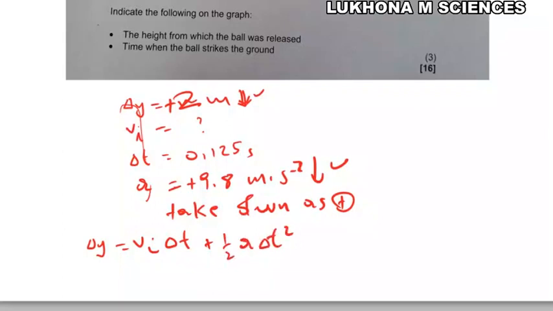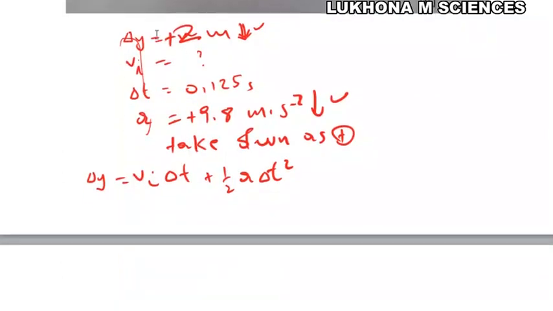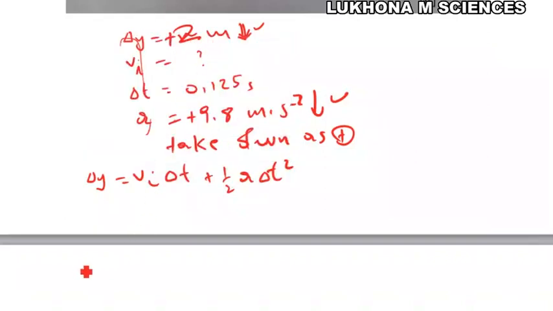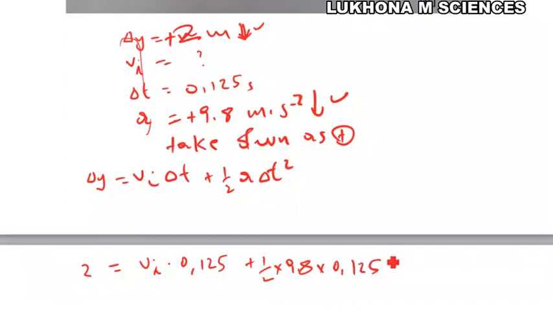Now let's substitute. Delta y is 2, which is positive. Then initial velocity is what we are looking for. Then the time is 0.125, plus half of the acceleration, 9.8, times 0.125 squared.